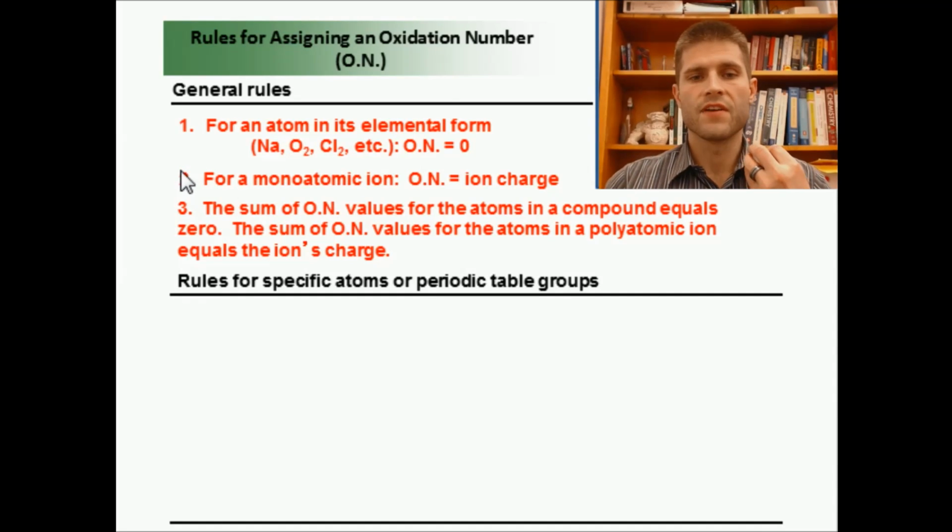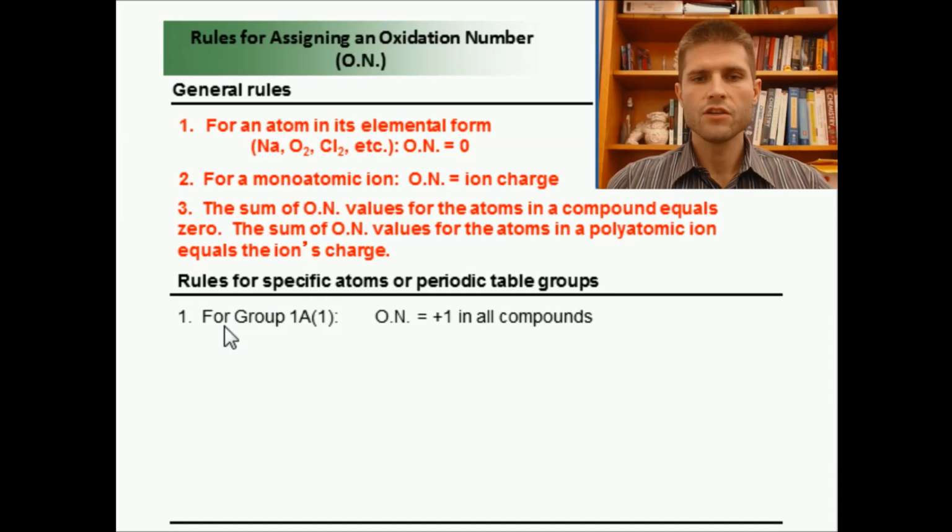Let's look at some very specific rules on the periodic table. Group 1A, the oxidation number is always going to be a +1 in all compounds. Sodium, potassium, any of those elements that are in group 1 are going to take a +1 oxidation number. Very similar to the charge that they take when they're in their ionic form. So that's a rule.